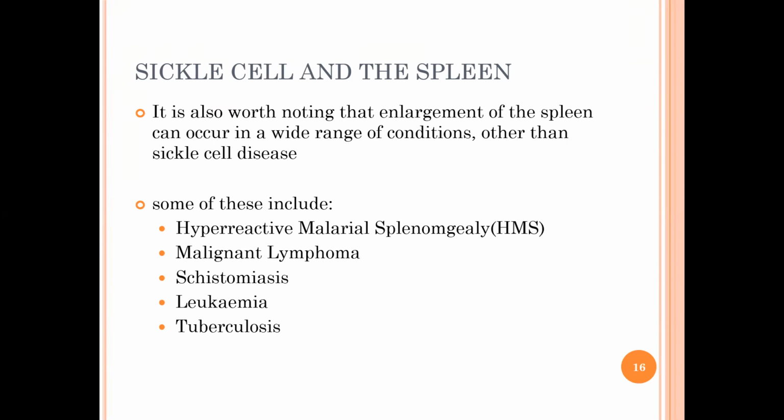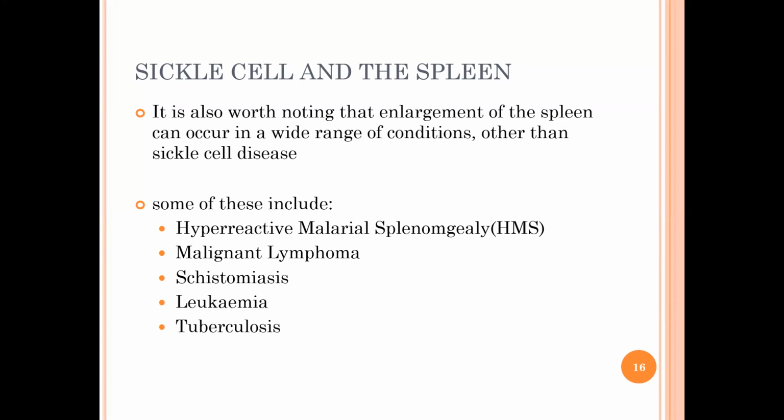So if you feel that you can palpate your spleen, even if it is not getting bigger, you should still report to a health facility or see a doctor for your spleen to be examined and other tests to be run, so that we are sure that it is because of the sickle cell disease that your spleen is big and that there's no other cause for an enlarged spleen, which is called splenomegaly. So we want to make sure that there's no other cause for the splenomegaly.